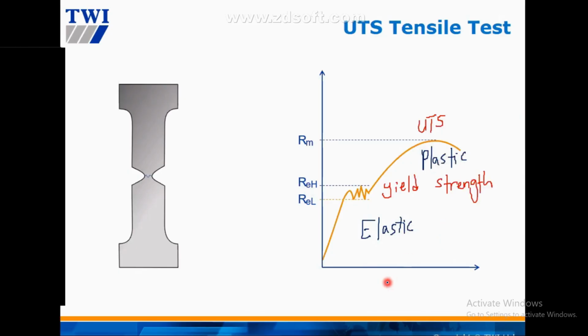When you pull a material before yield, then when the force is removed, the material goes back to its original shape because it's the elastic area. But if you keep pulling the material above yield, when the force is removed, the material will not go back to its original shape because it's already plastic. Plastic here means permanent deformation.